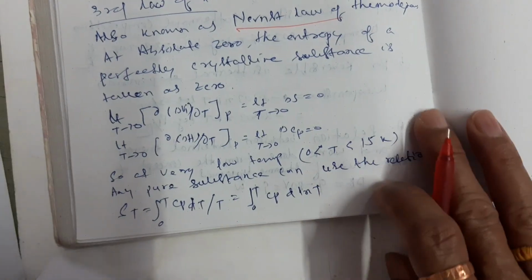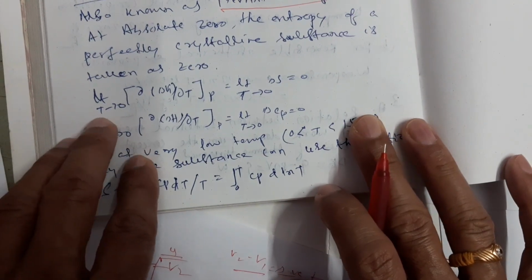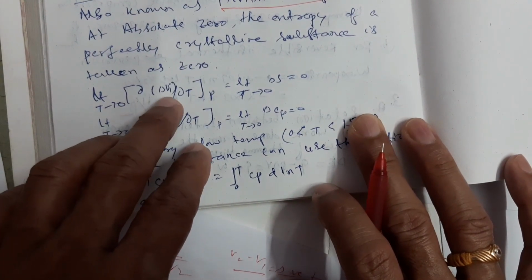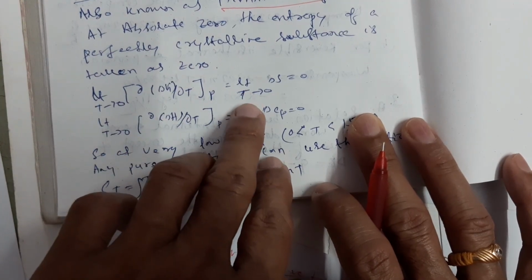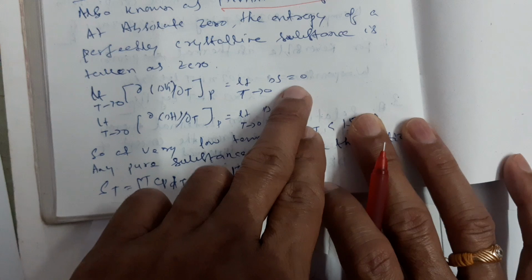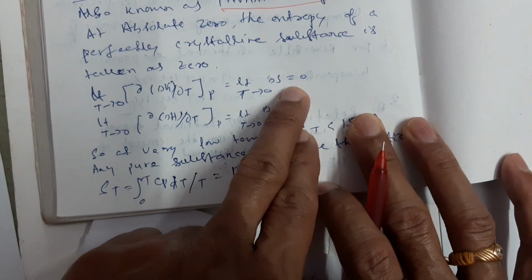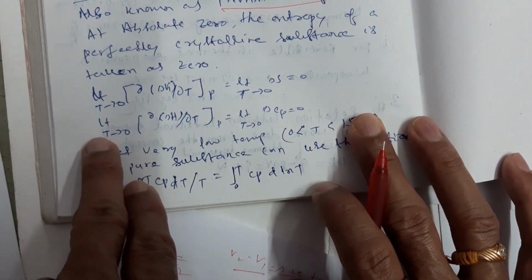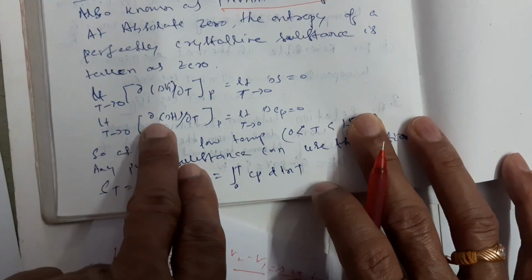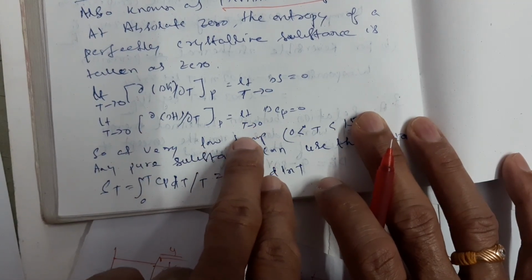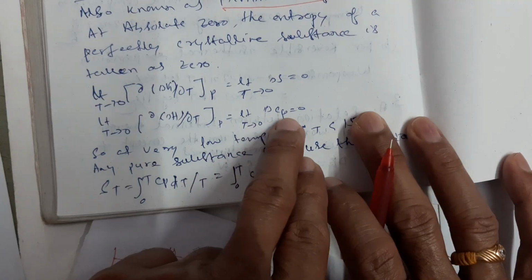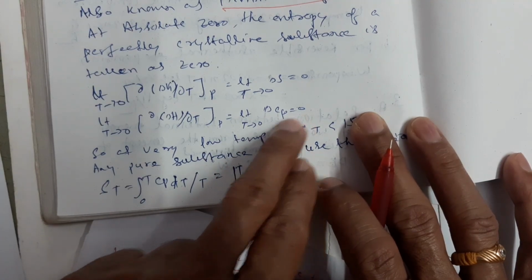Mathematically, limit T tends to 0, del delta G by del T at constant pressure, that is, delta S is 0 for a crystalline substance. Limit T tends to 0, del H by del T at constant pressure, delta Cp, is also 0.